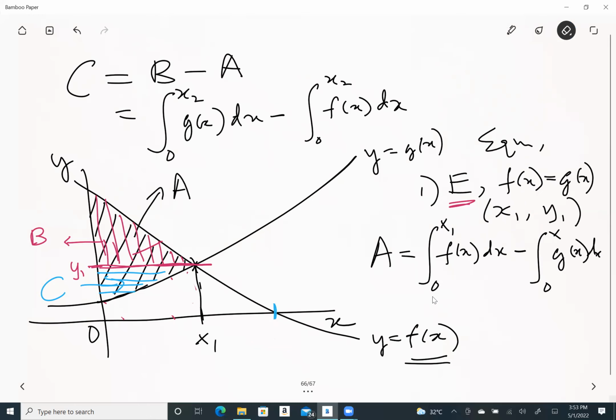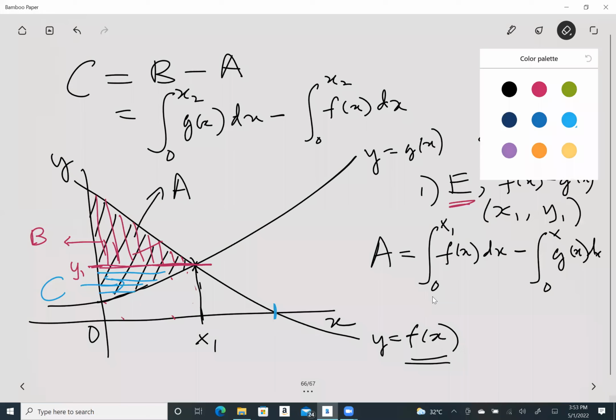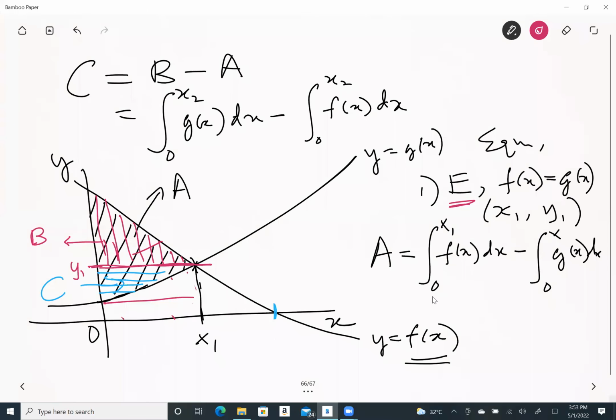Suppose now I want to find the area. Okay, I want to find that whole area, A, B, C. Okay, now area D. Okay, how can we find area D?